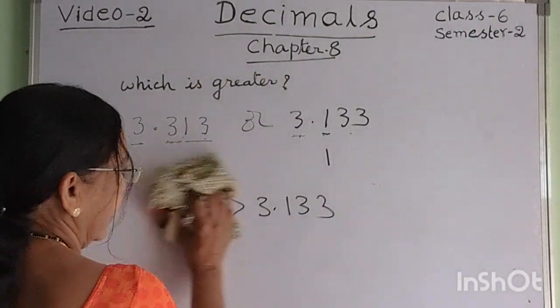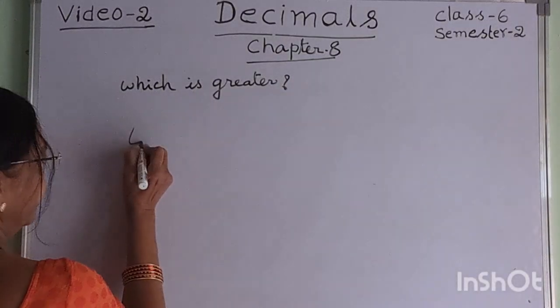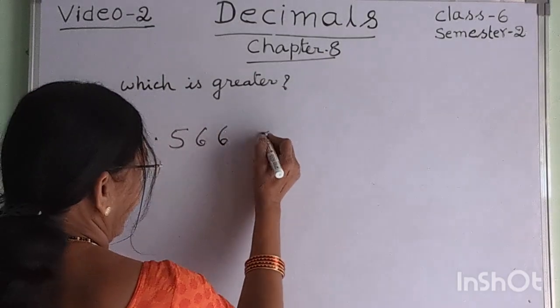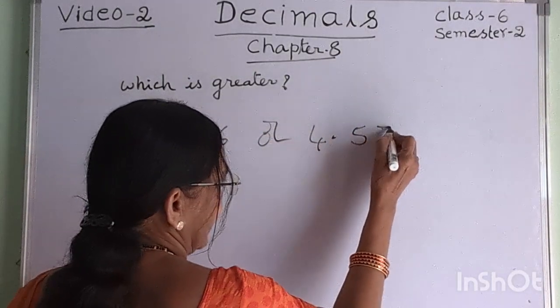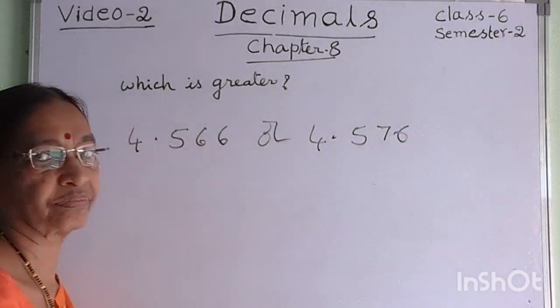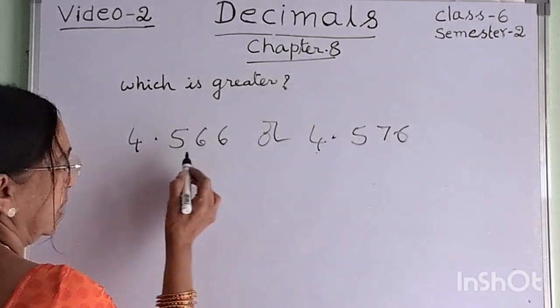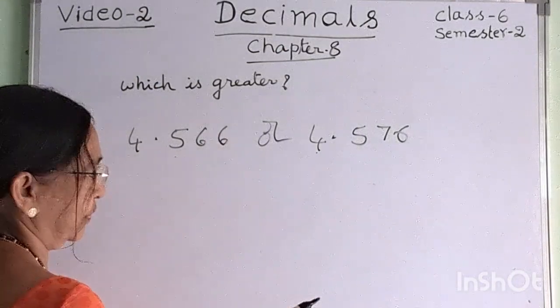Let us see one more. 4.566 or 4.576, which is greater? Here ones place 4, here also in ones place 4. In the tenths place 5, in the tenths place 5. So up to there they are equal.